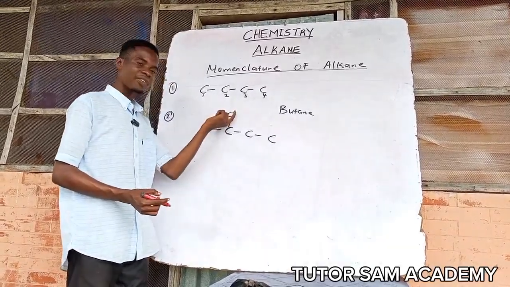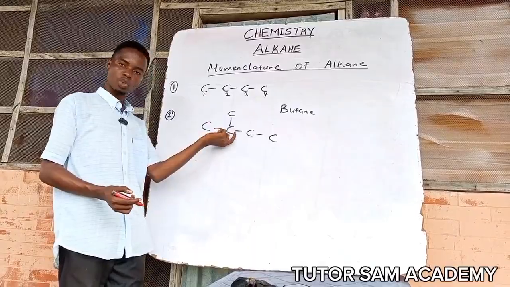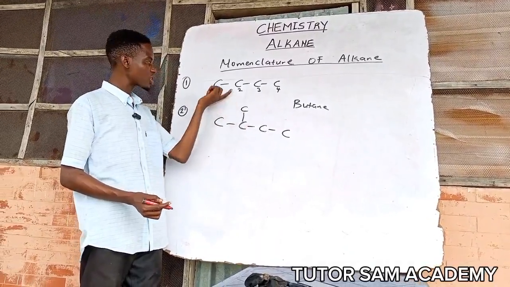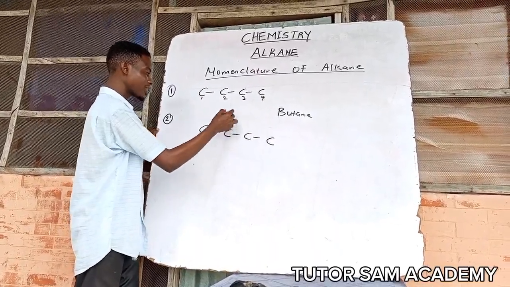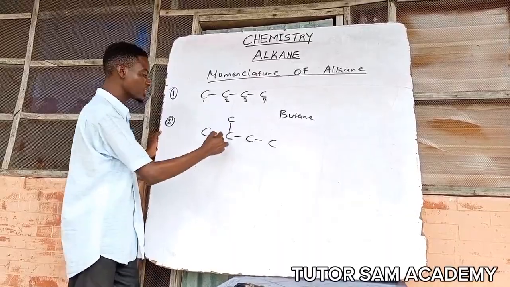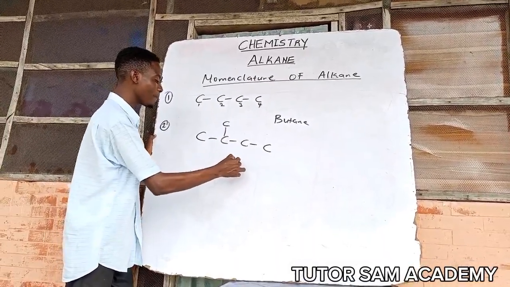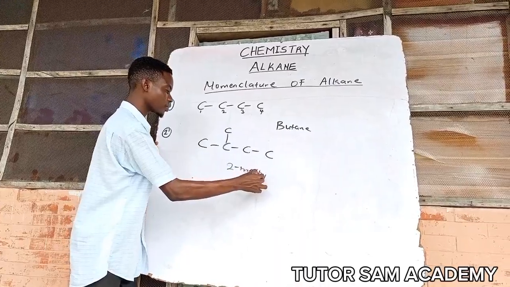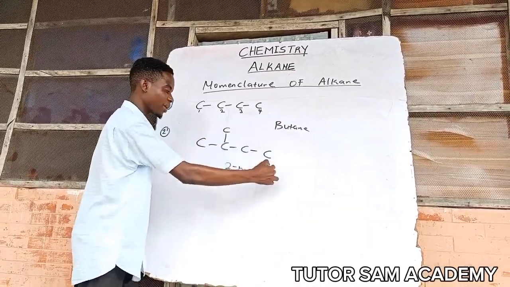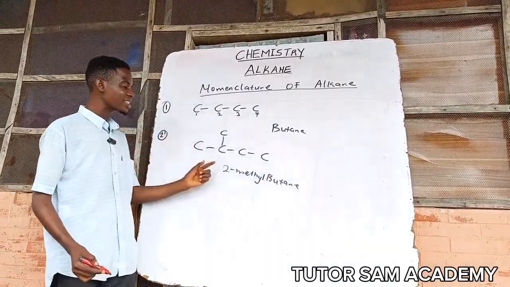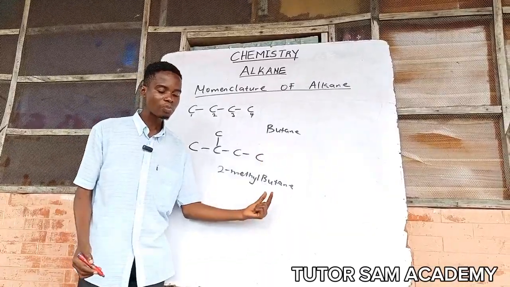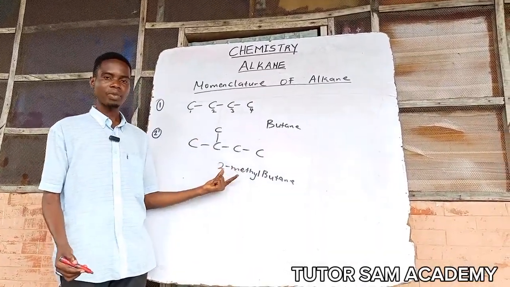So you identify that methyl, you identify the carbon on which it falls. If you look at this numbering, this is 1, 2, 3, 4. That means the methyl substituent comes on carbon 2. So you call this compound 2-methyl. You add your surname, which I call the parent name, is what? 2-methylbutane. So this is the second thing you should take note of in naming alkane.